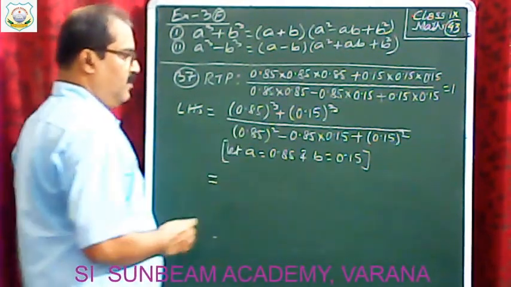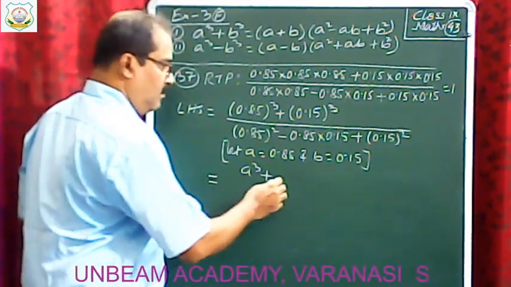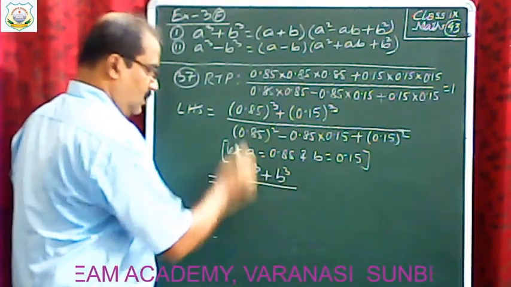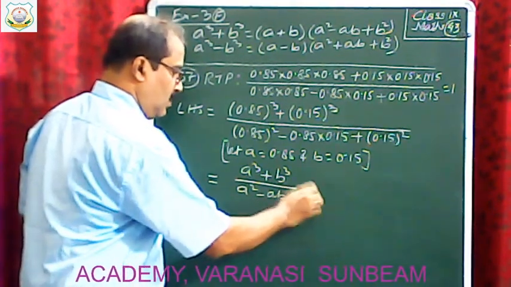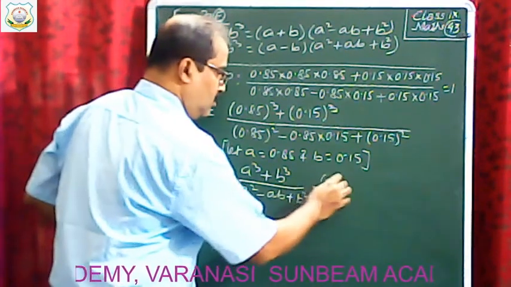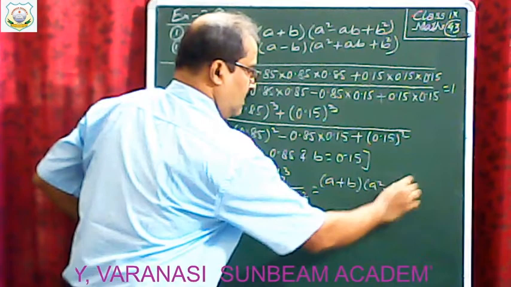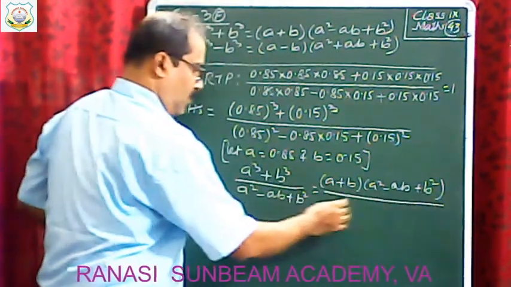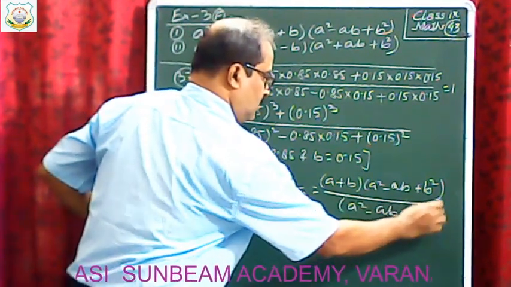So 0.85 whole cube means a cube plus 0.15 whole cube means b cube, whole upon a square minus ab plus b square. The a cube plus b cube formula you know, you have to write a plus b, a square minus ab plus b square, whole upon a square minus ab plus b square.